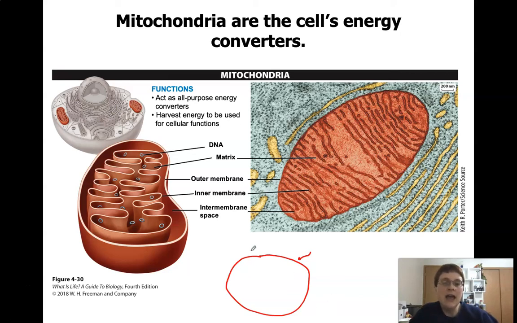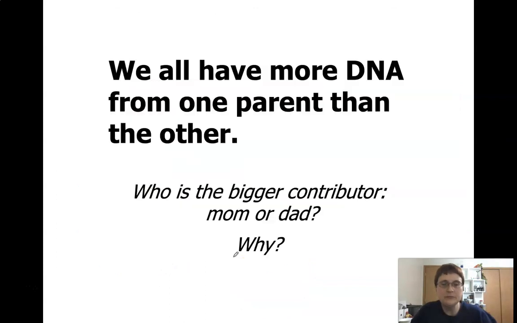But the egg has to have everything else in order to start dividing and creating the cells for the new organism, okay? So you actually do have slightly more DNA from your mom, usually, because you get those mitochondria usually from your mom.